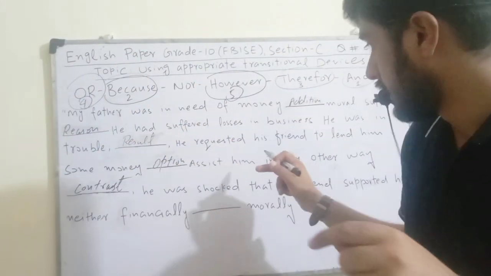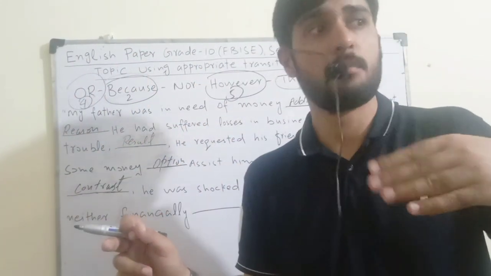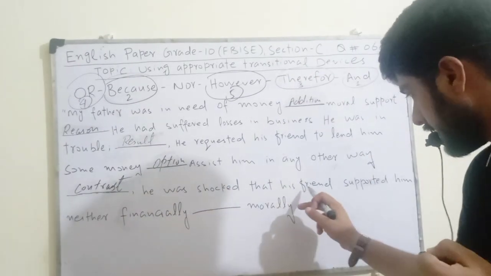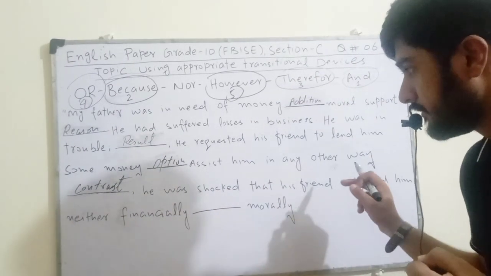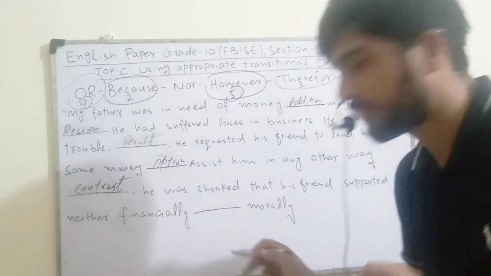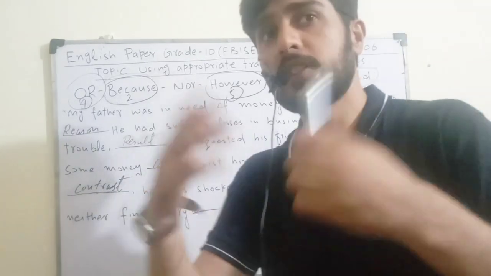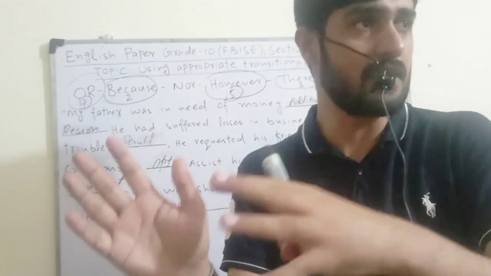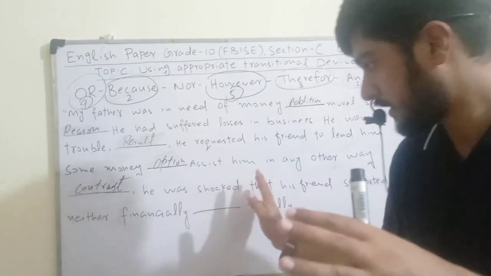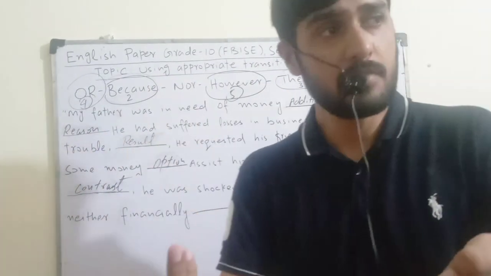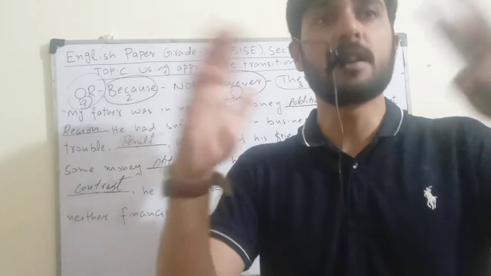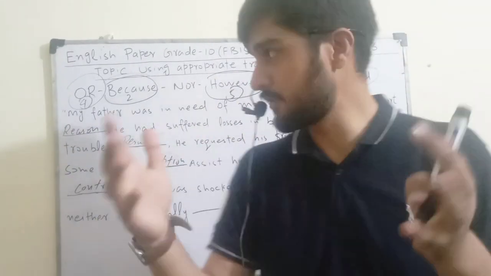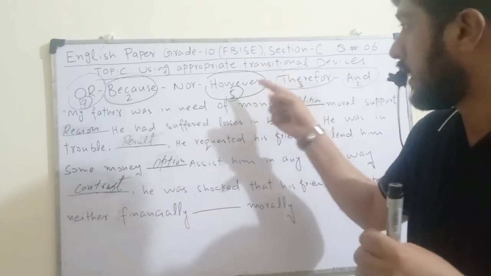He expected some help from his friend, but he was shocked that his friend supported him neither financially. So this is the result, that his friend didn't help him in any sense. This is the contrast between what happened with him and what he expected. That's why we use "however."